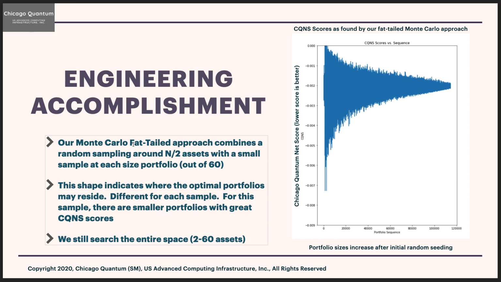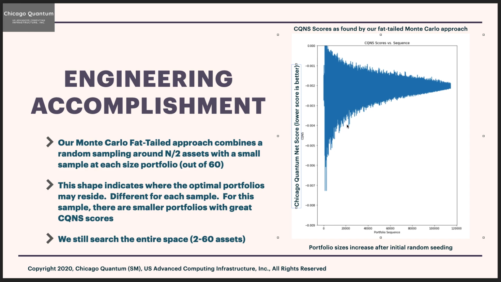And what happens when you do that, and you don't even need that many assets, is you start to find really great answers. So the Chicago Quantum Net Score, smaller is better. So look at that. I'm finding answers that are just terrific. And they're in the smaller portfolio sizes. So that means I could focus my attention on the smaller asset sizes.